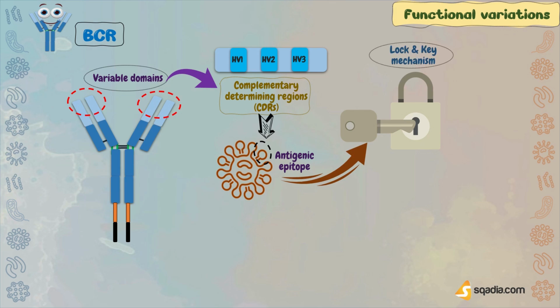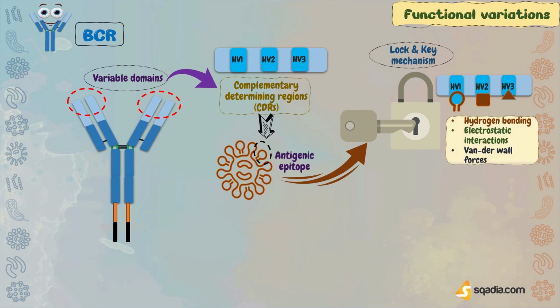This binding between the BCR's antigen binding site and the epitope can be compared to a lock and key mechanism. The antigenic epitope acts as the key that fits into the lock formed by the CDRs of the BCR. And as a particular key fits into a particular lock, similarly a particular antigen binds with a particular CDR. The shape, charge, and chemical composition of the antigenic epitope determine its compatibility with the BCR's antigen binding site.